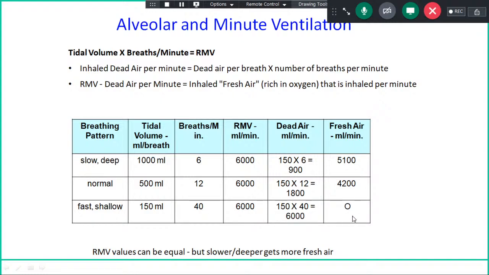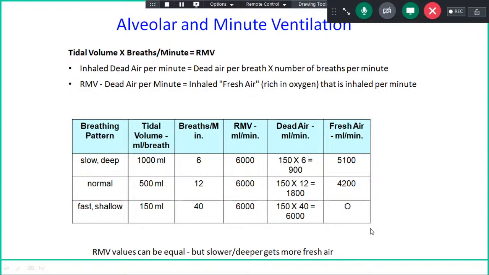So as a result, none will reach the alveoli. This is just a hypothetical situation. You can have a situation like this very few times, but otherwise if it is more than 150, say 180, only 30 will go to alveoli per breath, so that some fresh air is mixing.